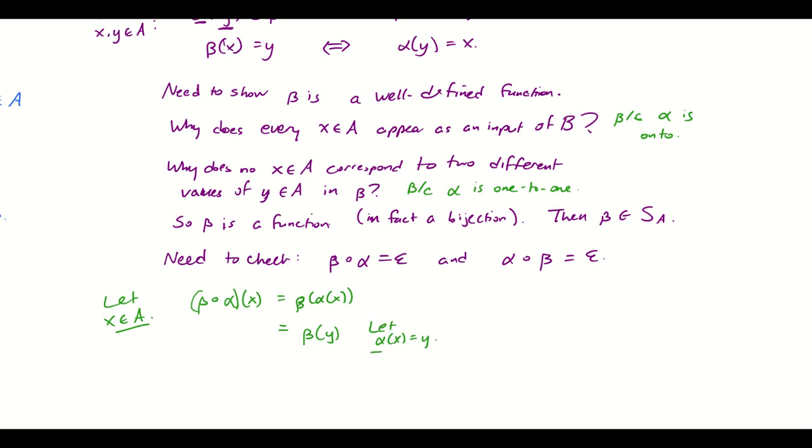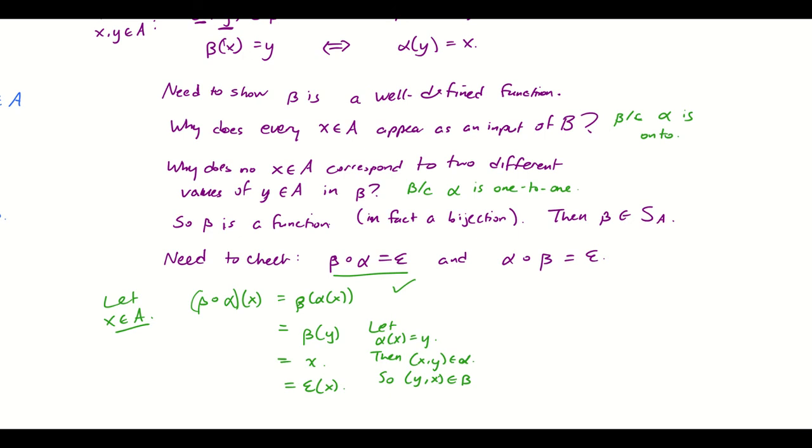All right, so then that means that x comma y does belong to alpha. But then that also means, by our definition of beta, y comma x belongs to the function beta, which means that beta of y is equal to x. And that's the same thing as epsilon of x. So that means that beta compose alpha does the same thing that the identity does. So that means that we have checked these are the same function.